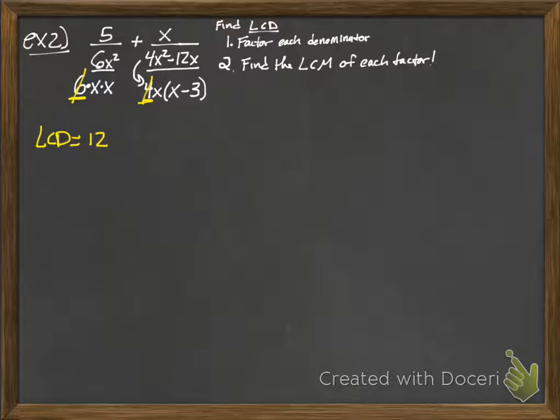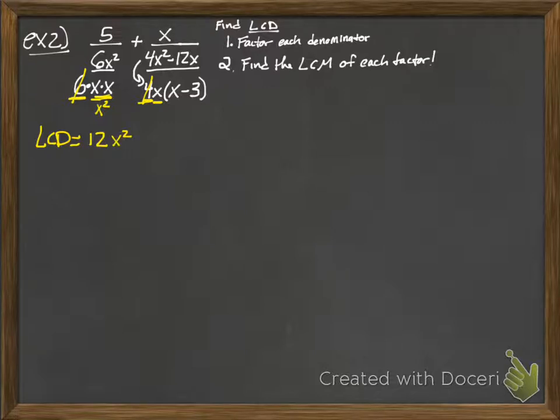Now, if you notice, the second factor I have is I have x's. I have 2 x's here and only 1 x here. I have to think of what's the least common multiple for x times x and an x, or if you will, x times x might be better off left as an x squared. So the least common multiple of x squared and x is really x squared.